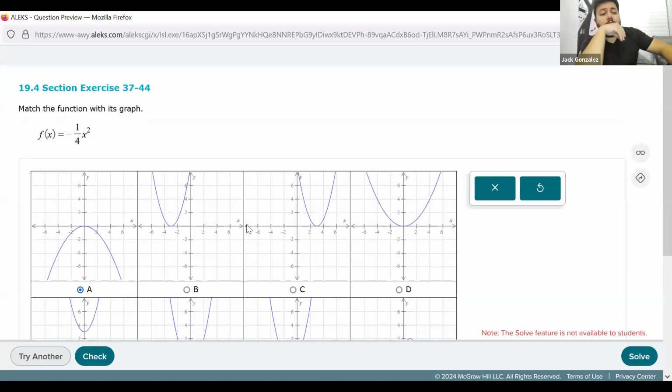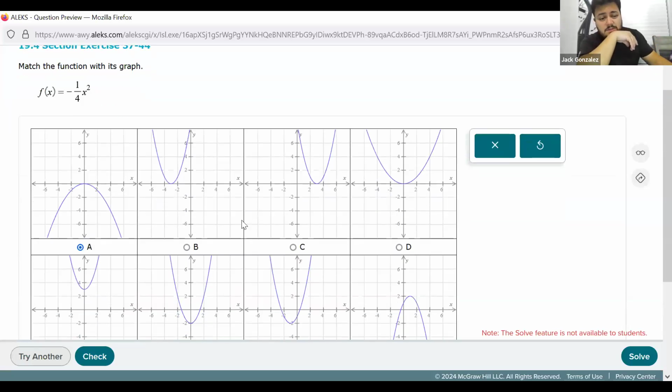Any questions on this first problem? There's not much to write out. It's just more of a conceptual. Okay, I'll move on then.